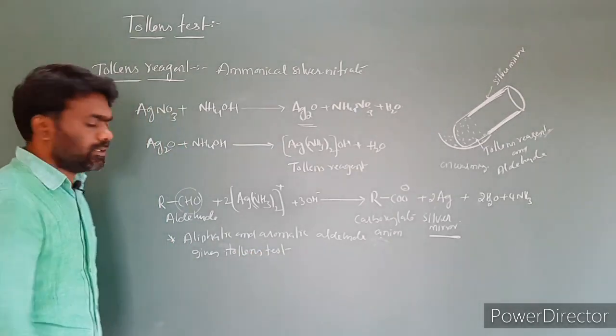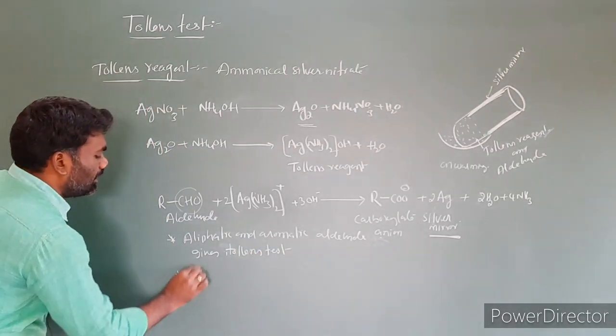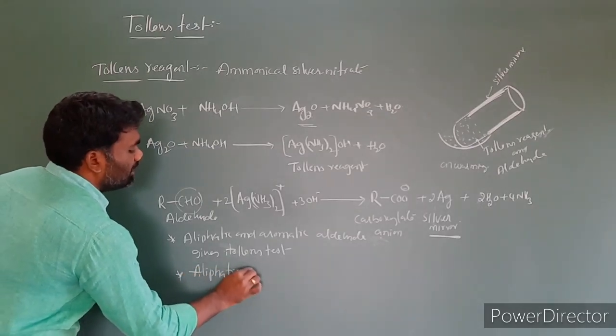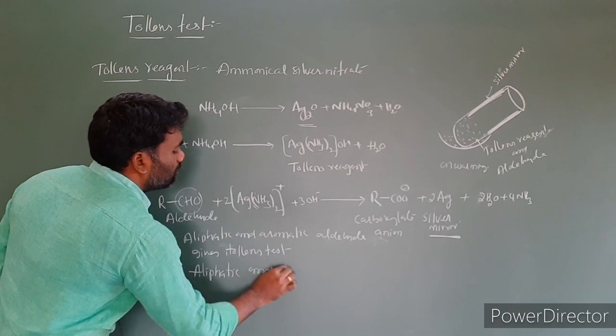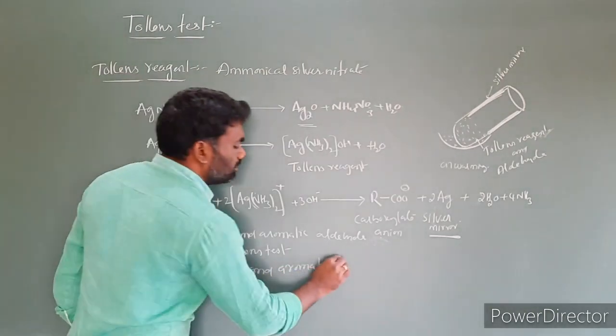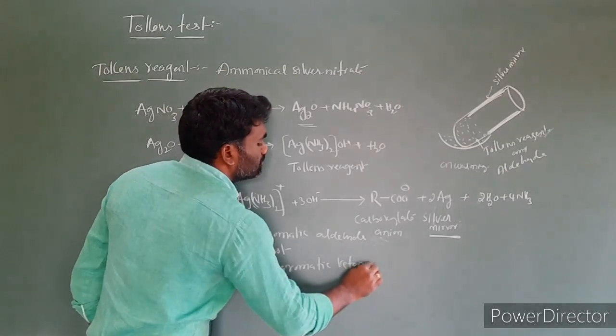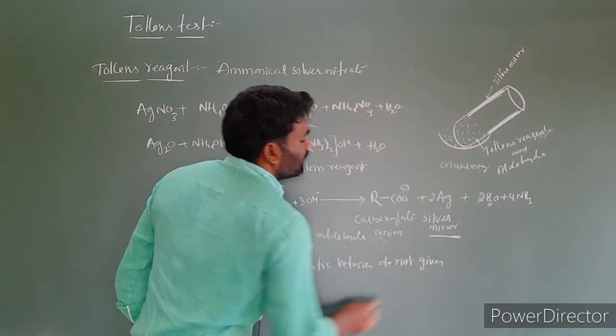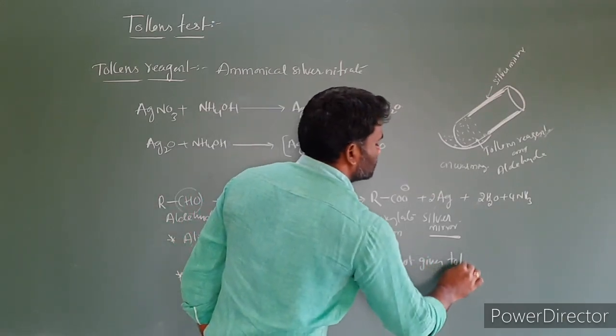Another important point is that aliphatic and aromatic ketones do not give the Tollens test.